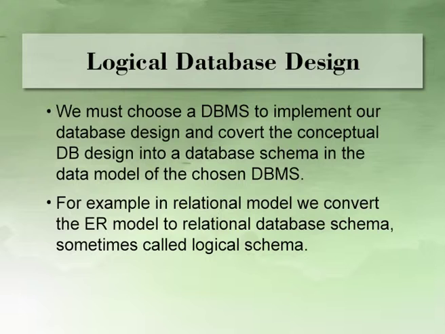That is the basis for the conceptual database design, and this blueprint, or the plan, is going to be used for the logical database design, which we are going to see in the next slide. In logical database design, we must choose a DBMS to implement our database design and convert the conceptual DB design into a database schema.